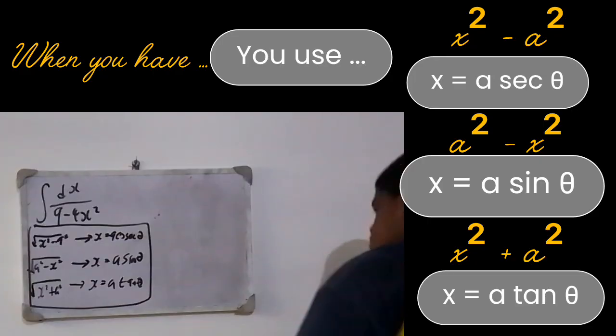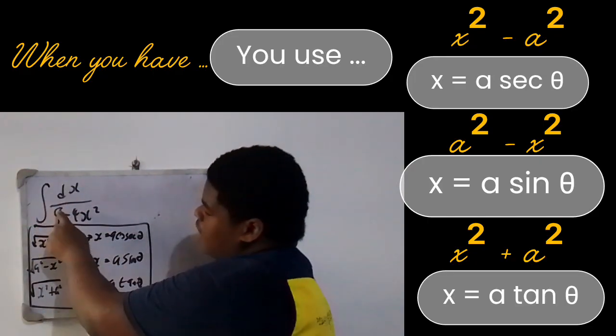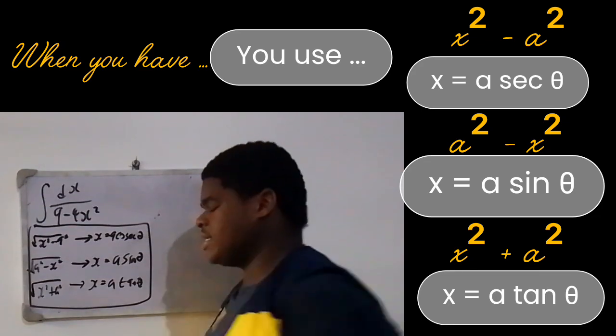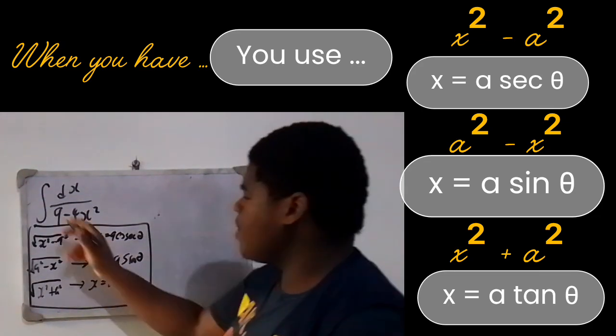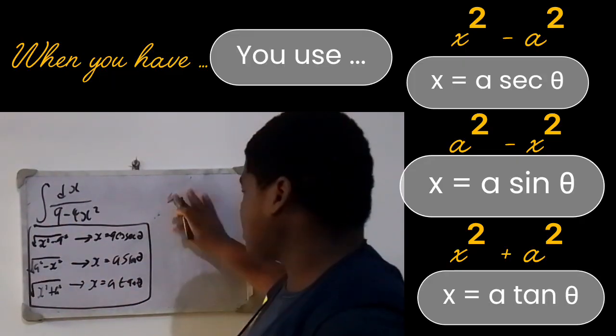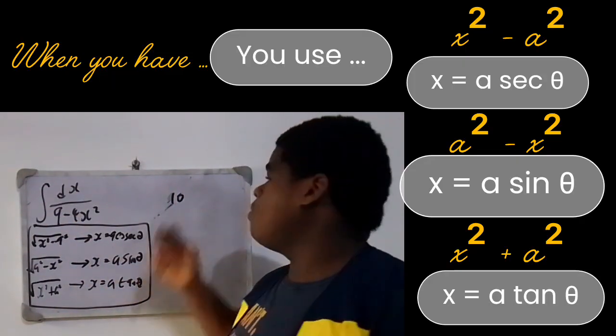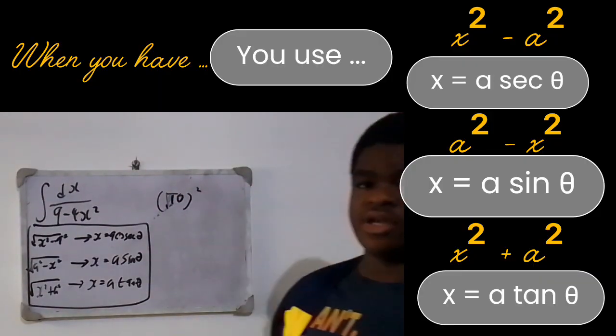Okay. So for this particular question, we have the integral of 1 over 9 minus 4x squared dx. Which of these are we going to use? Let's analyze. First of all, we have 9. Even if it's 10, which is not a perfect square, you can have the square root of 10 all squared. You see what I'm doing here?